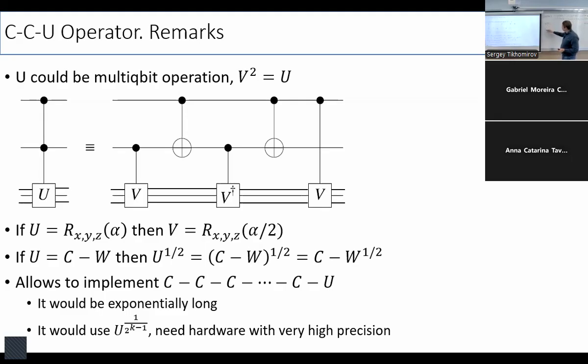A goes to A, and if A equals 0, then phi goes to U0 phi, and if A equals 1, phi goes to U1 phi. Is it your statement, more or less?